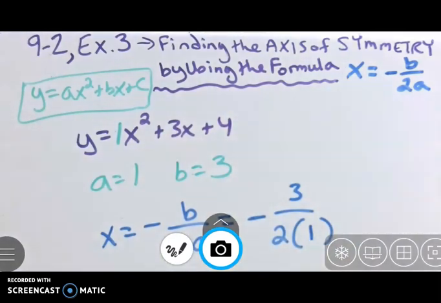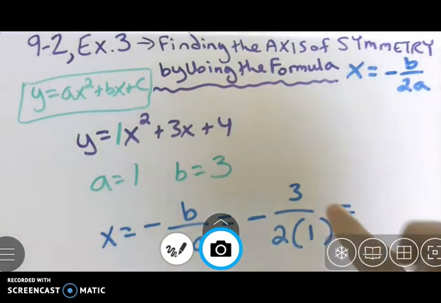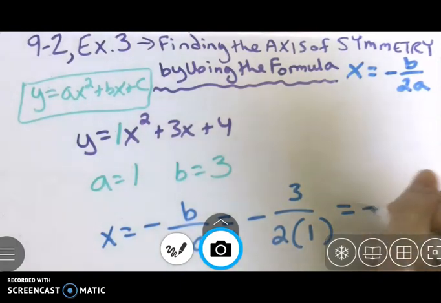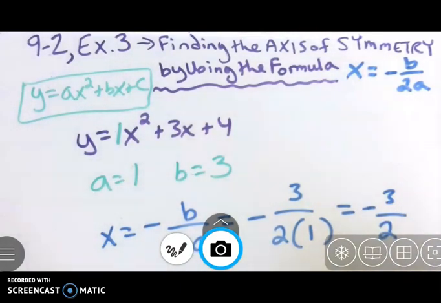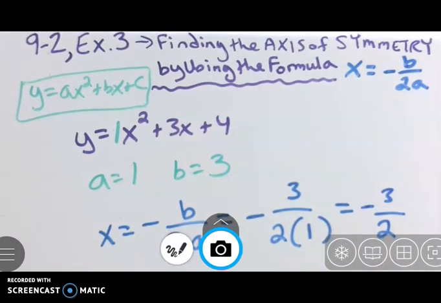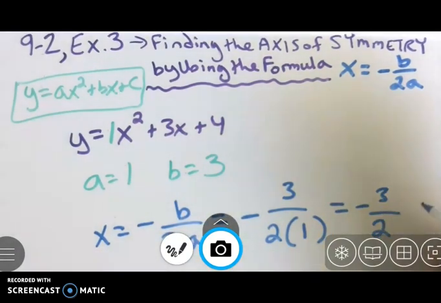So -3 over 2 times 1, and now I'm just going to simplify. 2 times 1 is 2. If I have negative 3 over 2, what would my axis of symmetry be? Negative 3 over 2 simplifies to what?